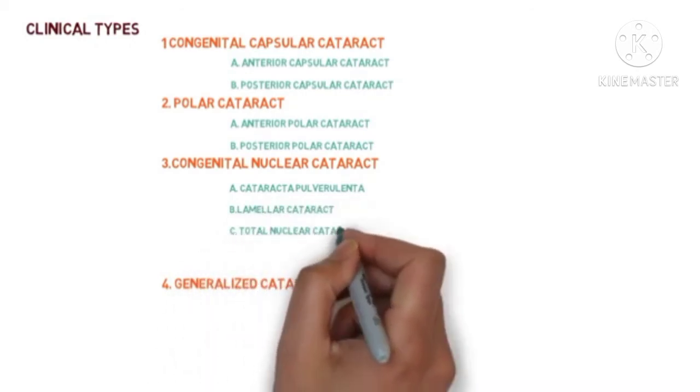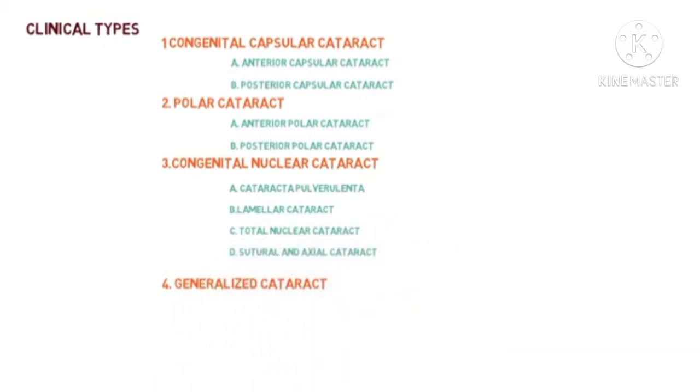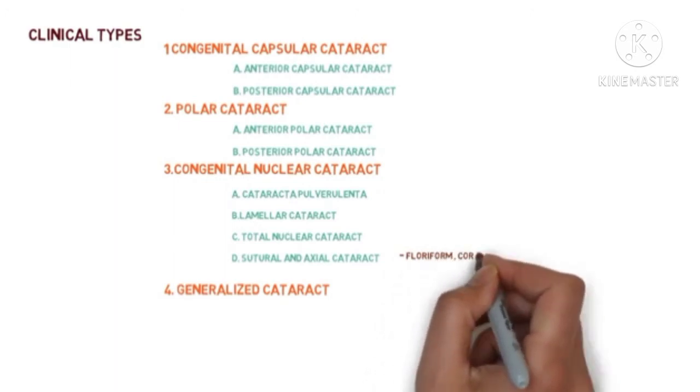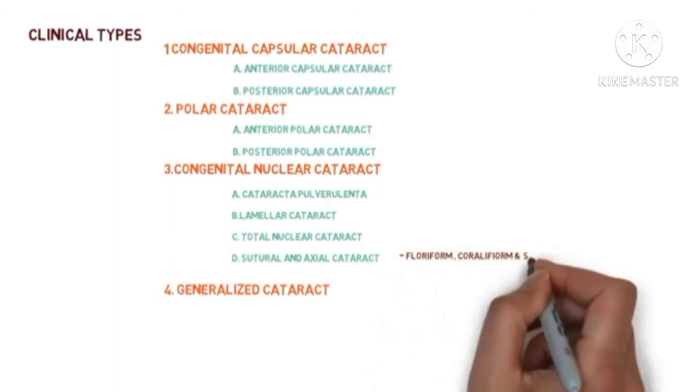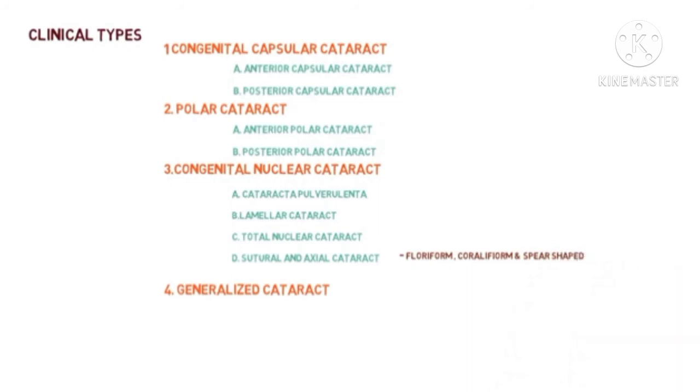We can remember congenital nuclear cataract as TLCS, that is total leukocyte counts. T for total nuclear cataract, L for lamellar cataract, C for cataracta pulverulenta, and S for sutural and axial cataract. And in sutural and axial cataract, there are also subtypes, that is floriform, coralliform, or spear-shaped cataract.